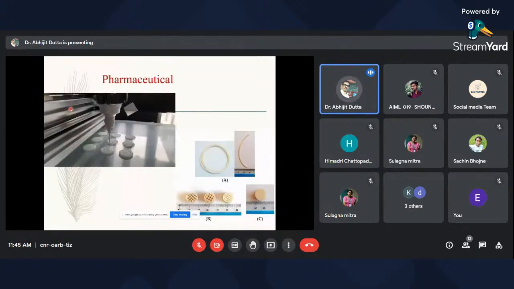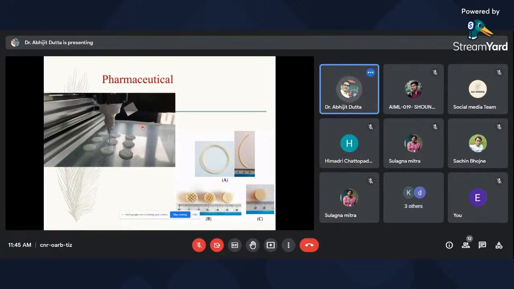The next one is pharmaceutical. That is very important. The pharmaceutical, as I have mentioned earlier, the requirement of a particular drug is very, very important. Now, the AI-based diagnostic system is developing, as we are all aware. Google is doing that.